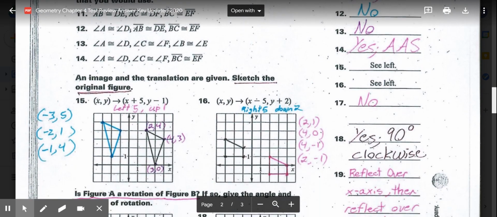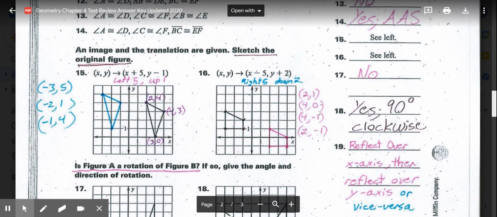Now in 15 and 16, they give us translations, and they want us to sketch the original figure. So in this case, they're giving us the image, the final picture, and the translation. They want us to go back to the original.